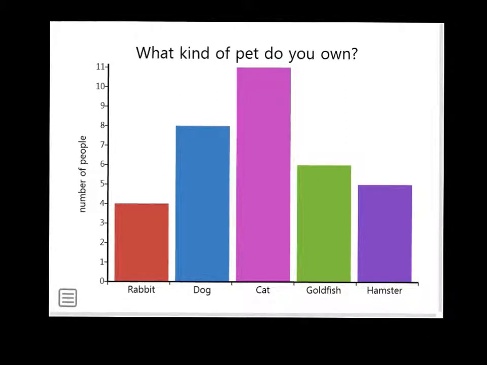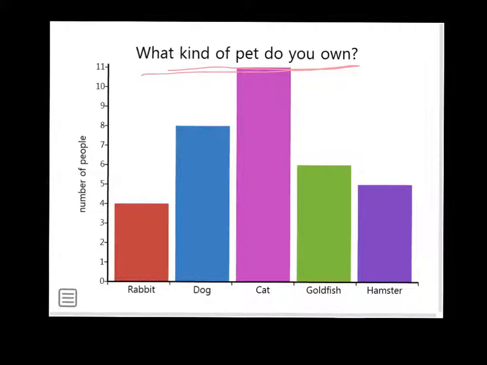Okay, so here's a bar graph, and this is going to show you some data. If you think about the title of the graph up here at the top, you're going to see that the information that's going to be graphed is all about the types of pets that we own. So that's our title. With a bar graph, typically your title is always going to be at the top.